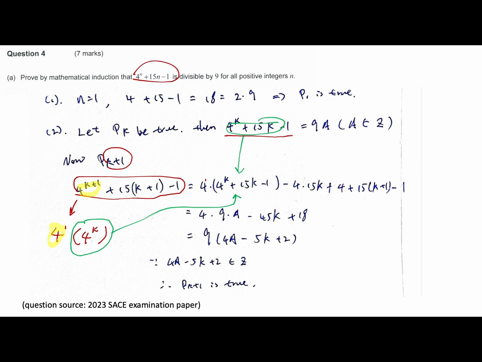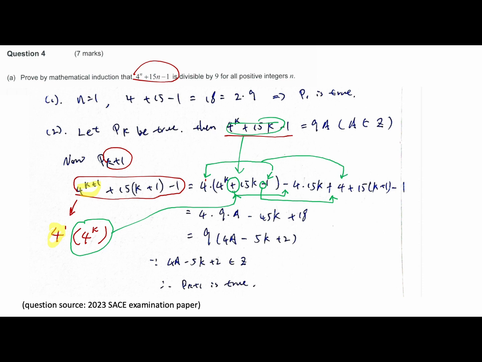You need to balance that expression. So if it is plus here, you need to minus. If it is minus here, you need to plus. And then here is minus 1, and we have a 4 in front of this bracket. So 4 times this minus 1, and inverse operation, so you plus 4.